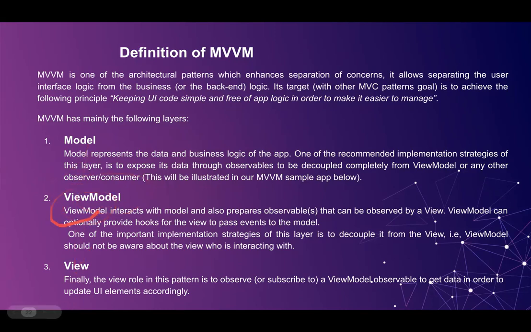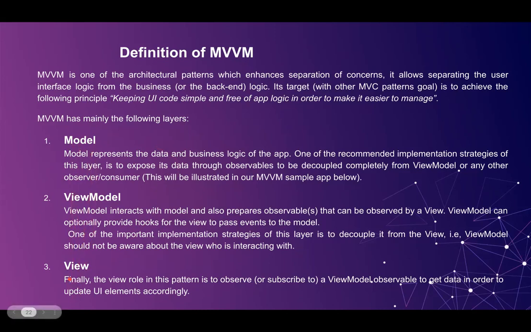View model is one of the interesting parts that you will see. View is what you see, model is the business logic, view model is what glues these two things together. So pretty easy, right? We have three separation layers. Everything we see, we put in a view. Everything that is logic, we put in a model. And whenever we want to connect these things, we will use the view model to make this bridge.